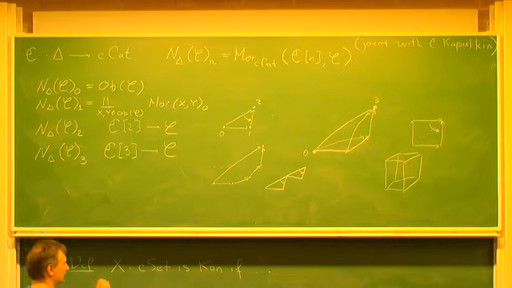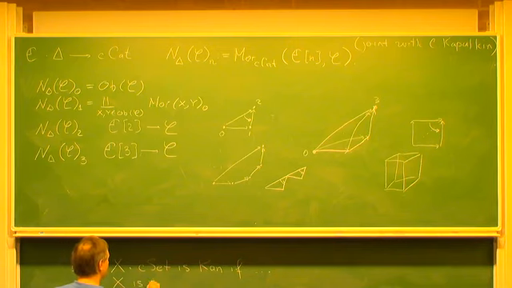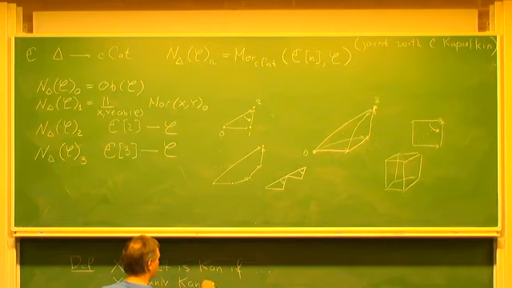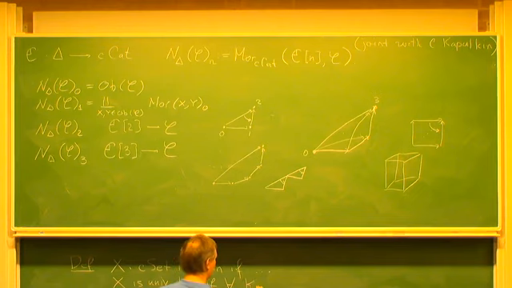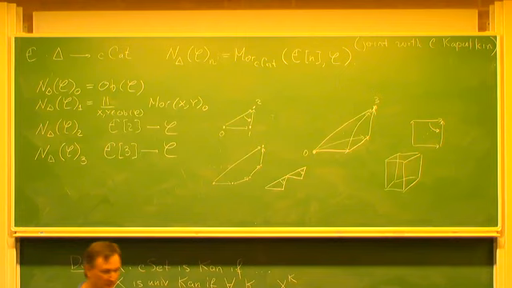And I also want to add here: X is universally Kan if for all k, the function cubical set X to the k is Kan.